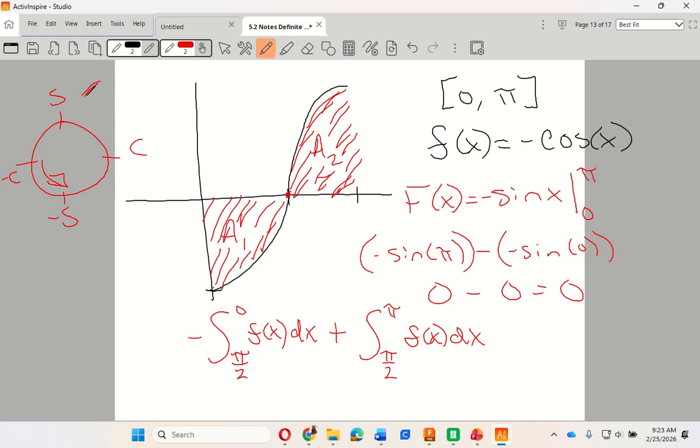But wouldn't they still cancel out? No. Would it still be 0? No. How would it not cancel out? Do the math. Because those areas, because that's still negative though.